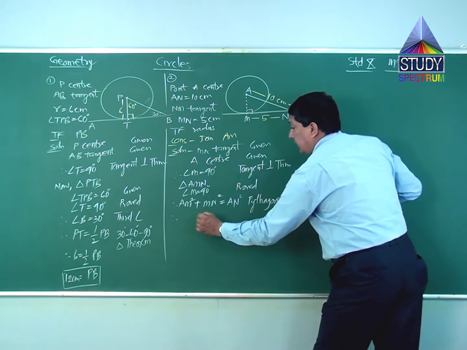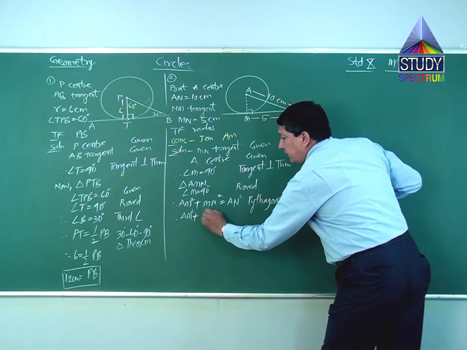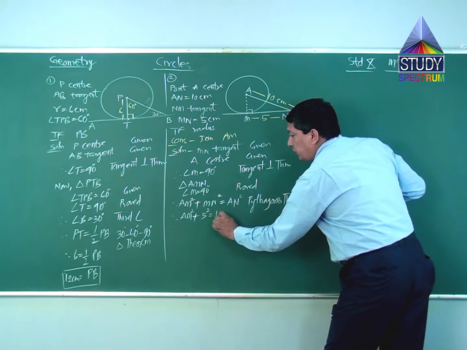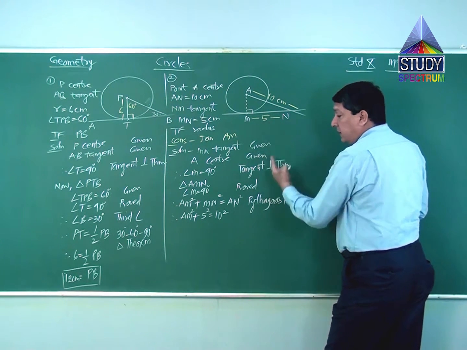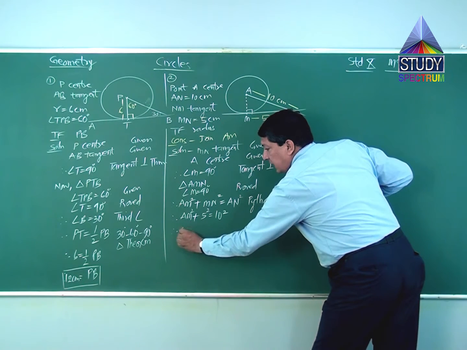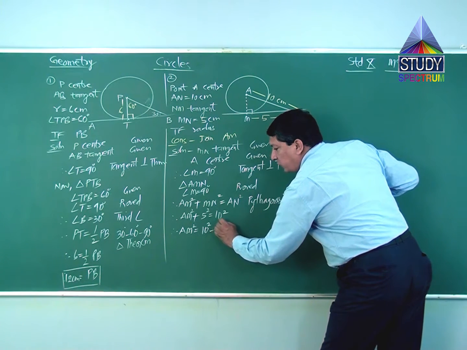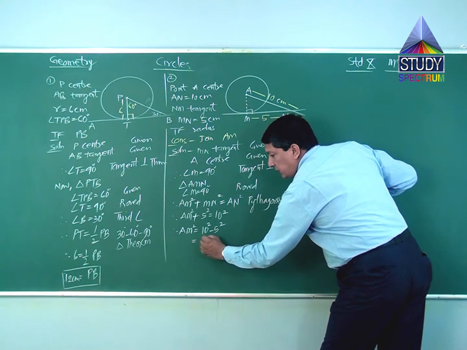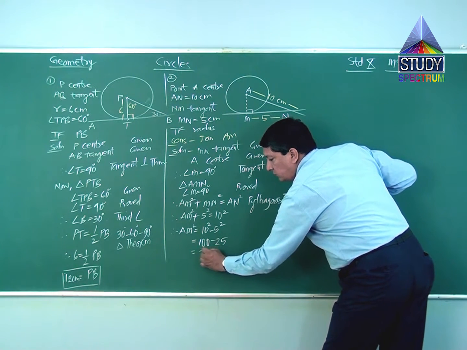Therefore, AM square plus 5 square is equal to 10 square. I have substituted the values of MN and AN. Therefore, AM square is equal to 10 square minus 5 square. 10 square is 100, 5 square is 25, which gives you 75.